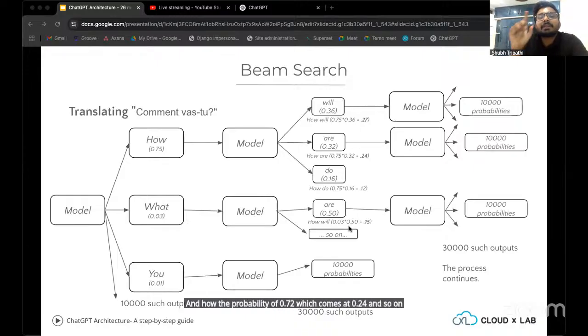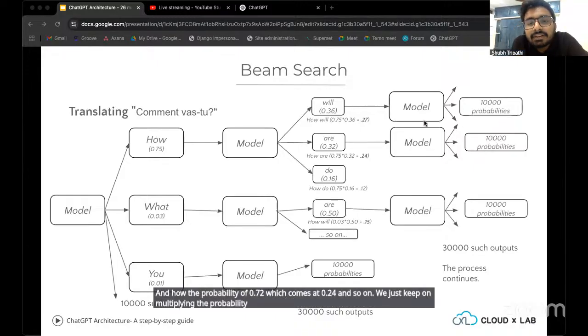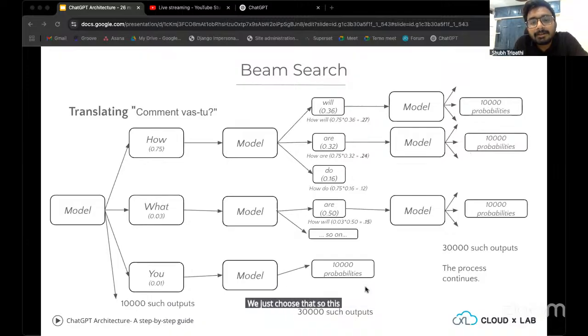We just keep on multiplying the probabilities. For the next word, it will be the probability of "how" times the probability of "will" times the probability of the next word. At last, whichever sequence has the highest probability, we choose that. So this is the basics behind beam search: we just multiply the probabilities for each.